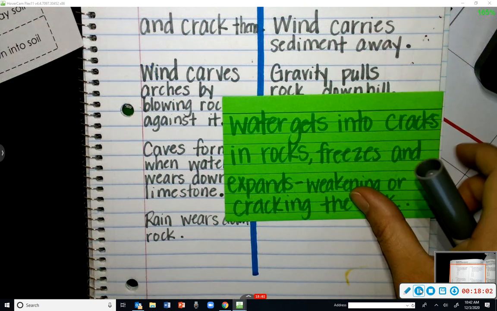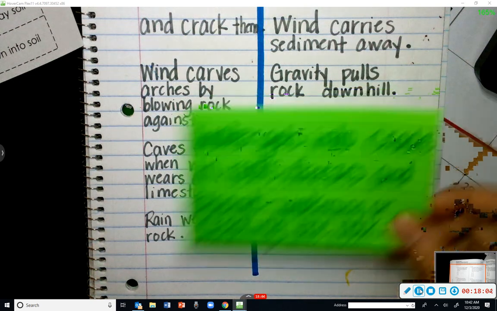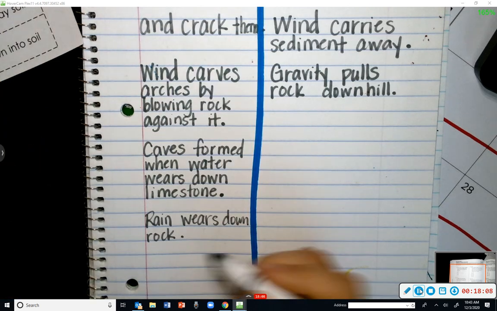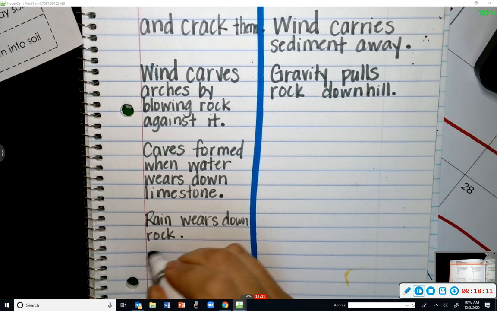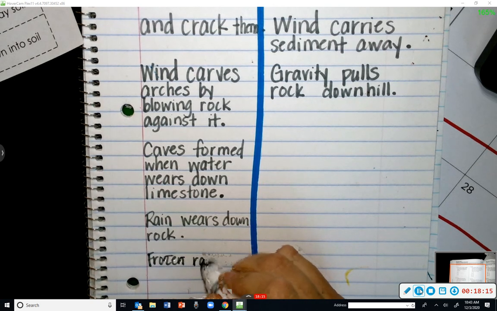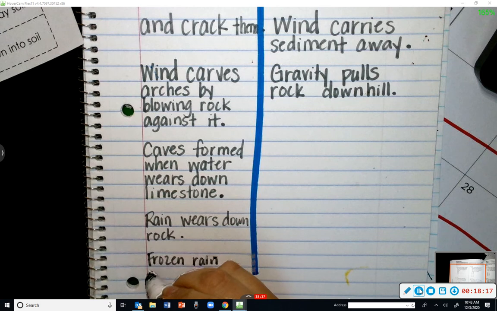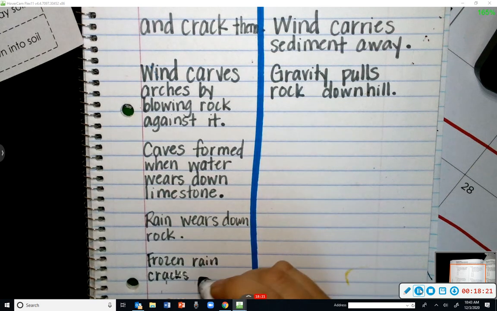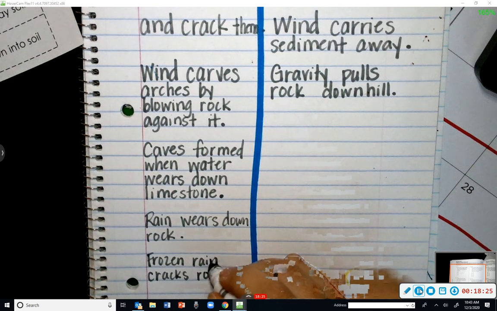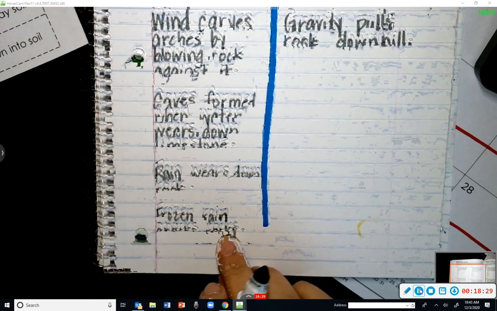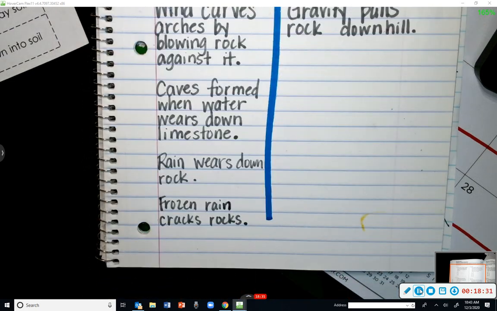Good. Okay, so frozen rain cracks rocks when it gets inside. I'm not going to make y'all write all that because you get the idea. Frozen rain will get inside the rock, expand, and make it crack.